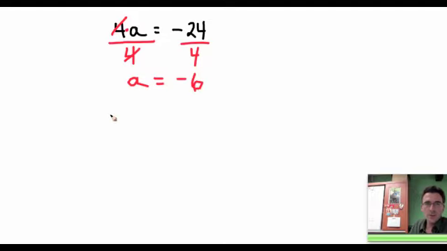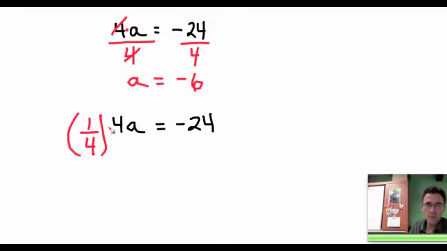Now there's actually a second way to do this one, which becomes more useful later on when we work with fractions. And in this case, instead of dividing by 4, we're actually going to multiply by the inverse of 4, which is 1/4. So we'll multiply by 1/4 on this side, and we'll multiply by 1/4 on this side.